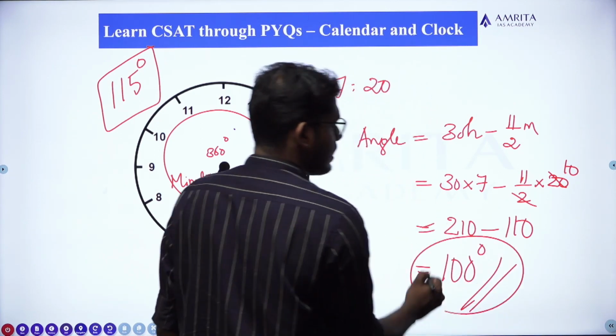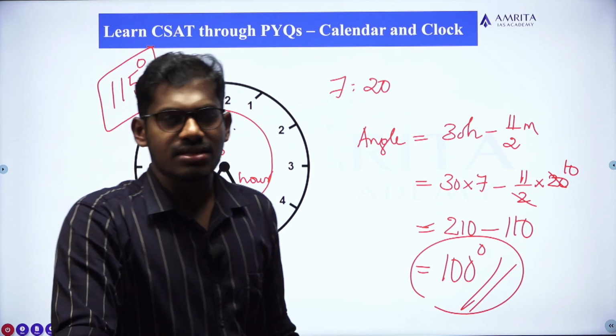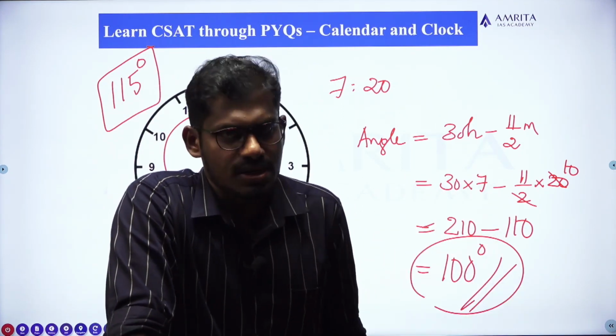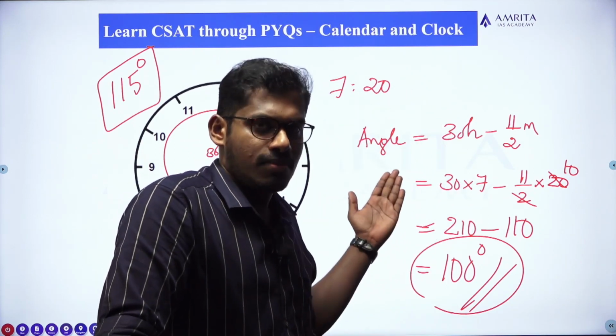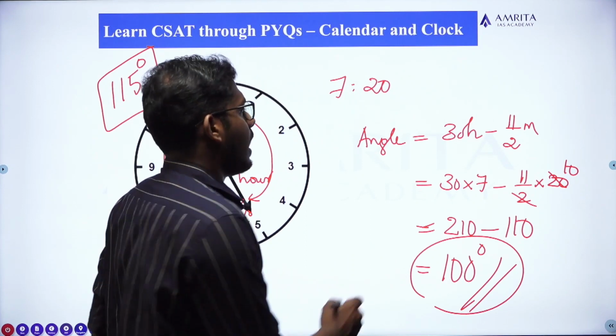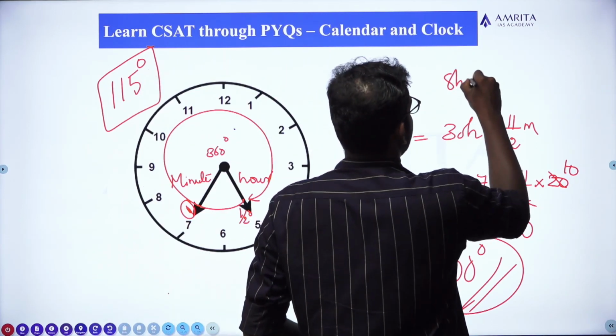So this 100 degree is actually the answer which we obtained in the classical or traditional method. So the initial method which we did earlier was a classical method, and this is a shortcut method.